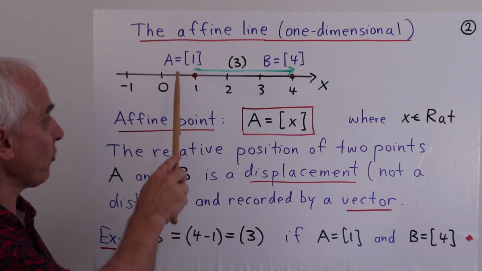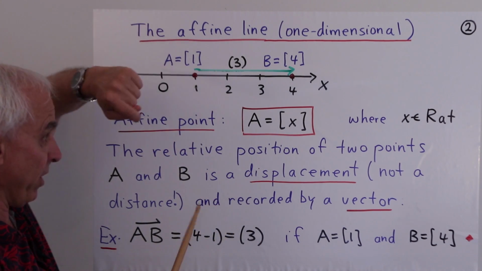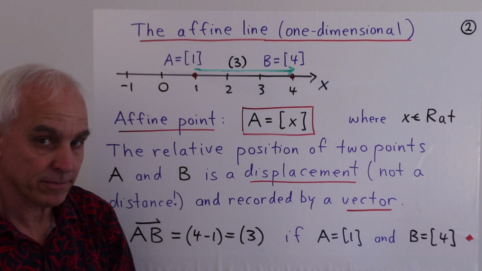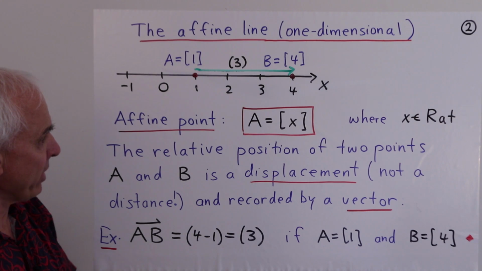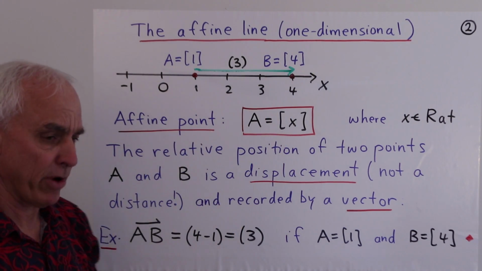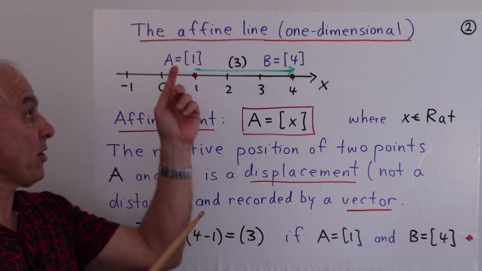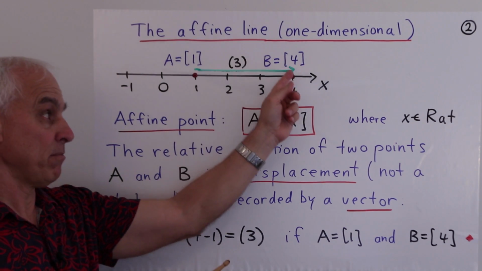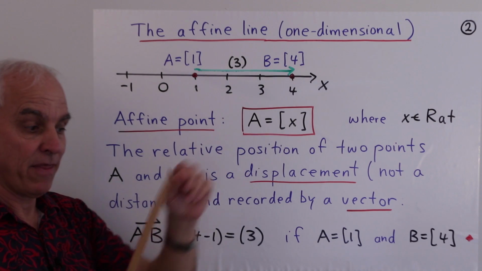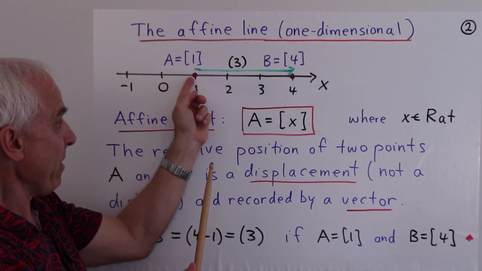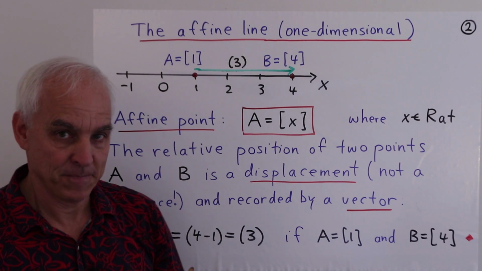Okay, so a equals square bracket 1, that represents that point there, while b equals square bracket 4 is that point there. Now, if we're interested in the relative separation between those 2 points, especially as we're thinking about starting from A and moving to B, then the change is represented by this green arrow going from A to B.